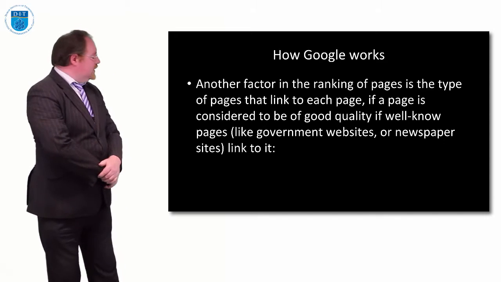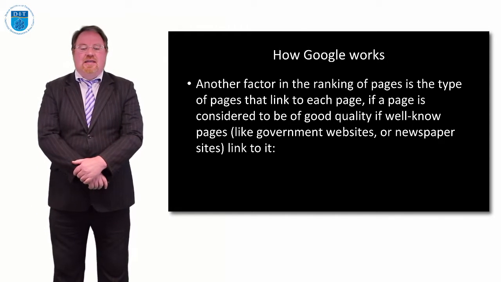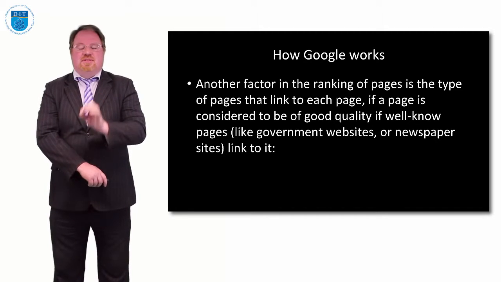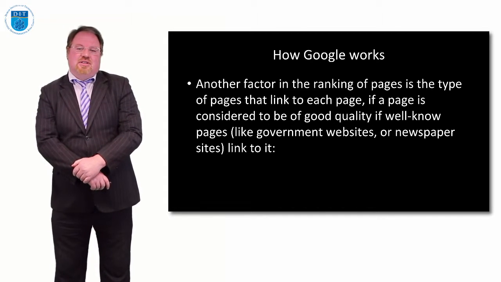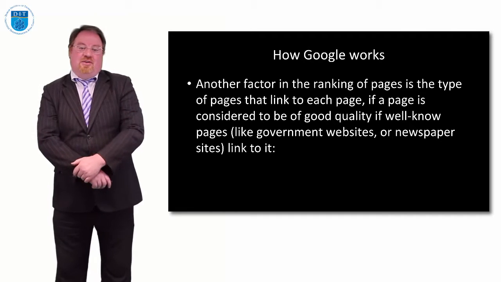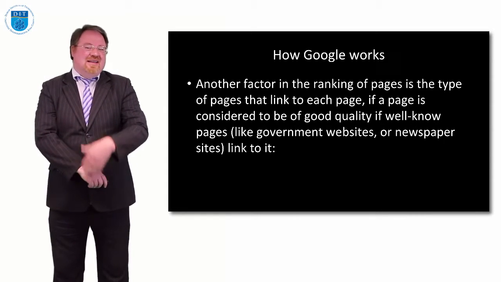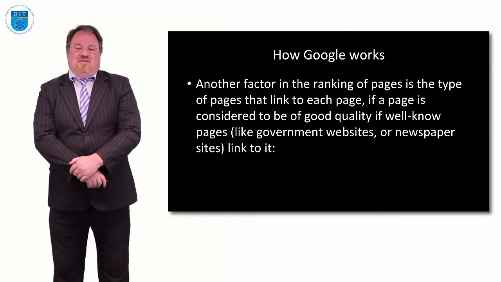And the other thing it does, which is really key, is it looks at the importance of a page on the basis of how much it is linked to by other pages that it views as important. So it's a kind of recommendation process.